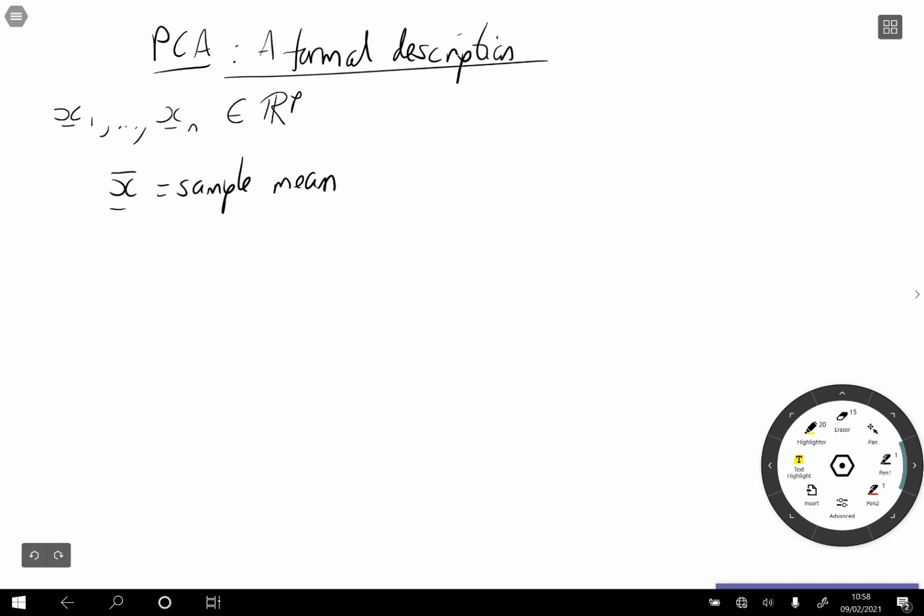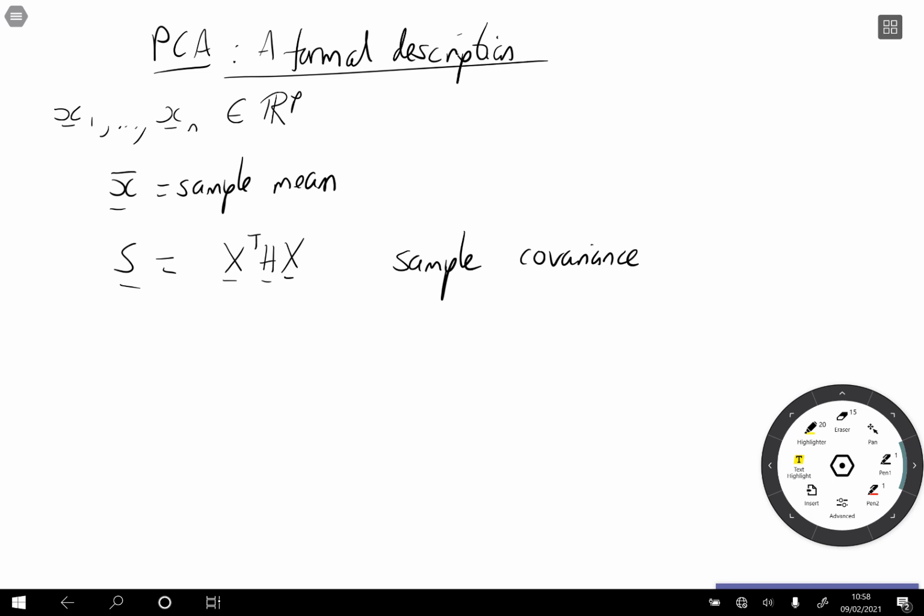Okay, and I'm not going to assume we're row-centered anything now, so the sample mean might be non-zero. And let S be the sample variance, which we compute as X transposed H X. So this is a sample covariance.